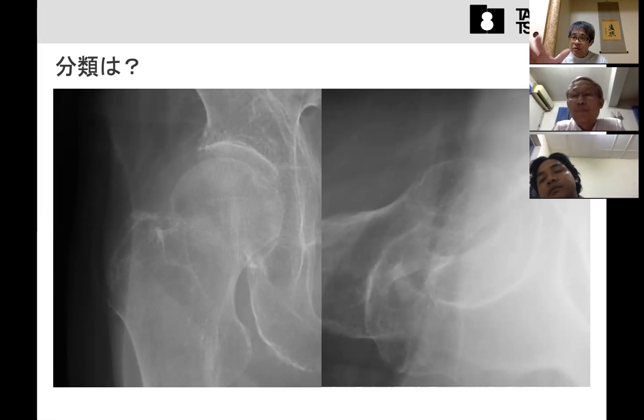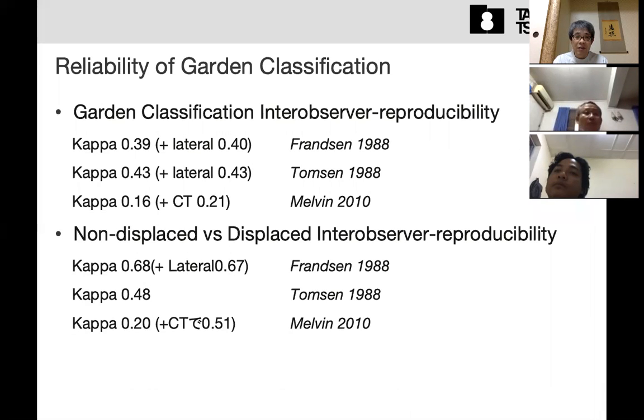So what is the limit of the posterior bending? Do we need to reduce this posterior flexion or fix in situ? It is still controversial. This is because of the reliability or reproducibility of the Garden classification.